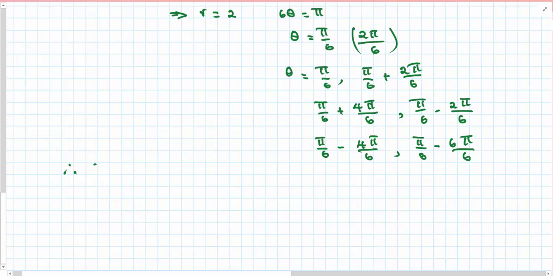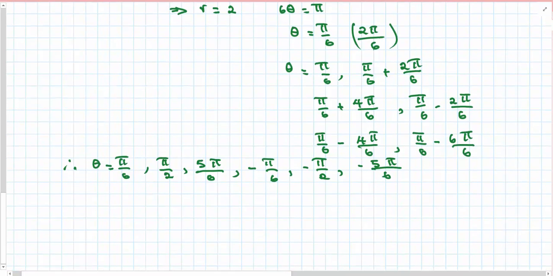Therefore, my thetas are pi on 6, 3 pi on 6, which is the same as pi on 2, 5 pi on 6, negative pi on 6, negative 3 pi on 6, which is the same as negative pi on 2, and negative 5 pi on 6.